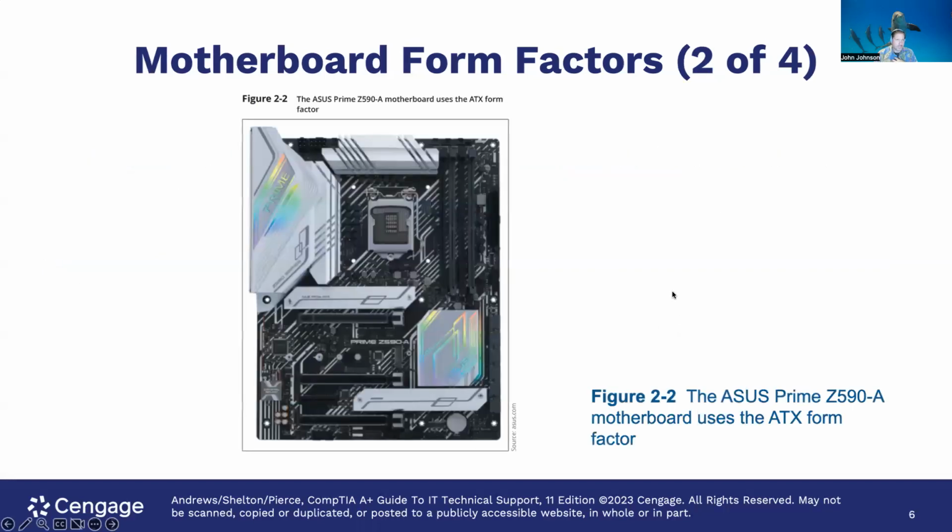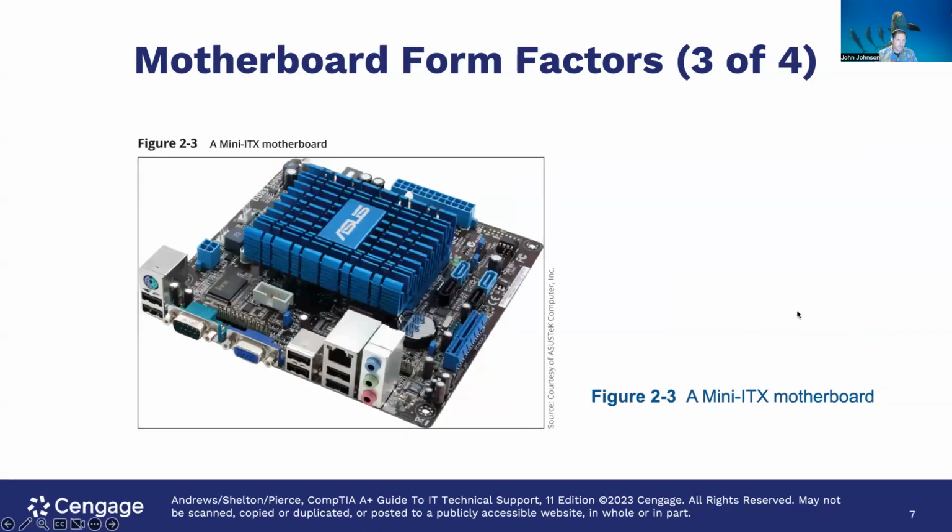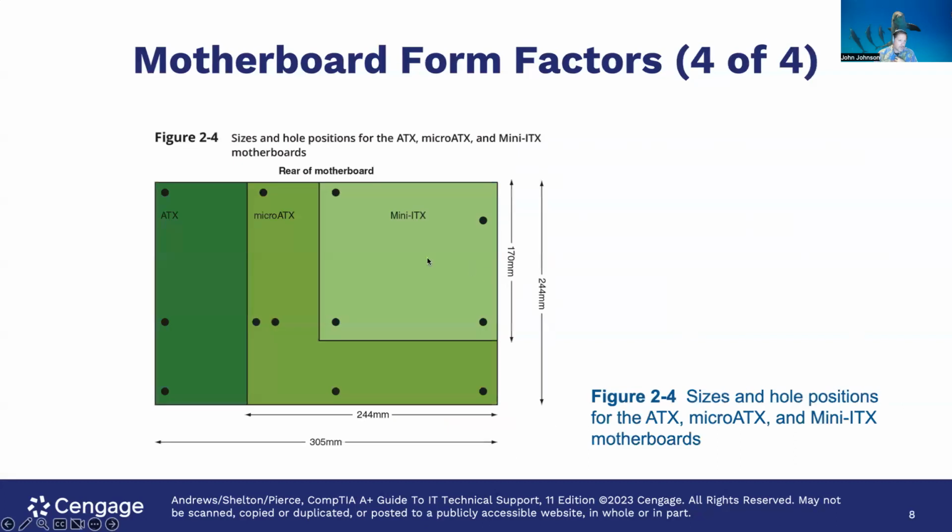So right here, we're looking at the Asus Prime Z590-A motherboard, and it has the ATX form factor. If we look at the next page, we're going to see a mini ITX motherboard. Notice this is our smallest one right here. And I believe we have a diagram of what that looks like. So the ATX is this full-size motherboard, then the micro is going to be slightly smaller.